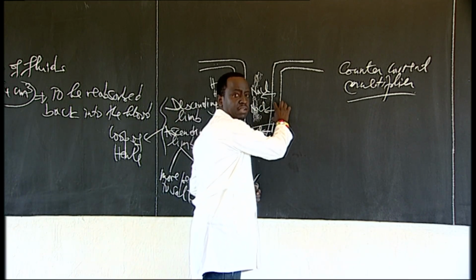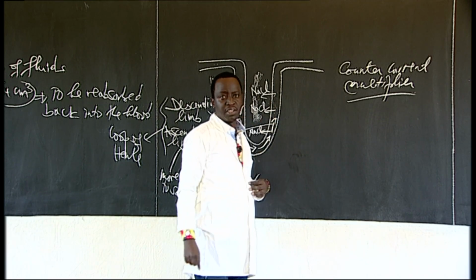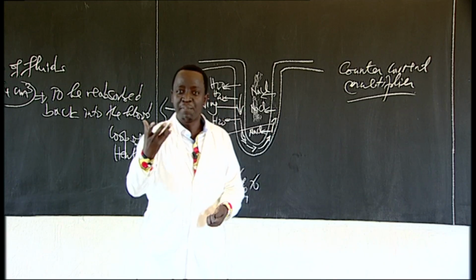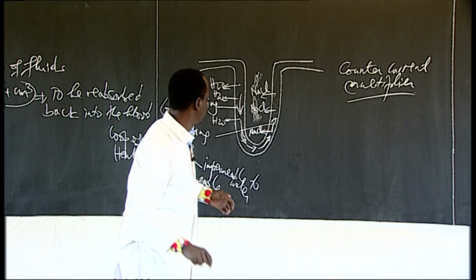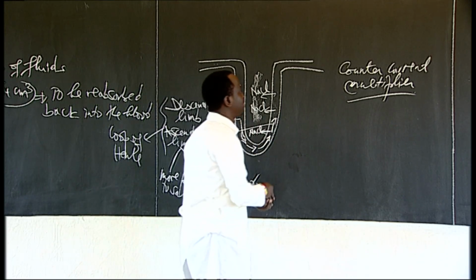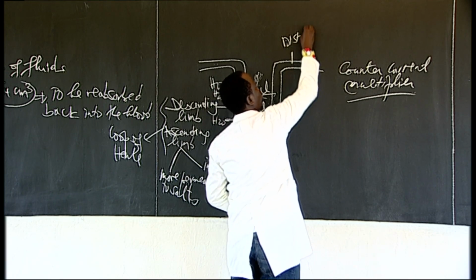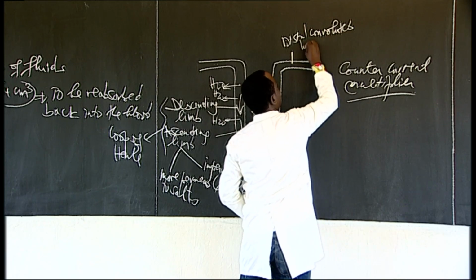To maintain the urine concentration which is going to pass here at the loop of Henry. Are you getting what's happening at the loop of Henry? It is a continuous process. We come from the proximal, now which is at the loop of Henry. Finally, we're going to see here at the what? At the distal convoluted tubule.